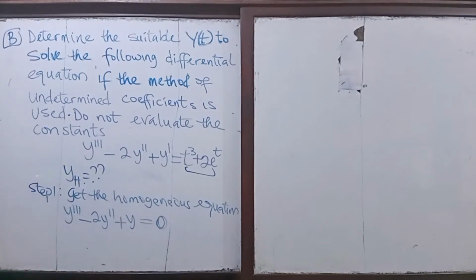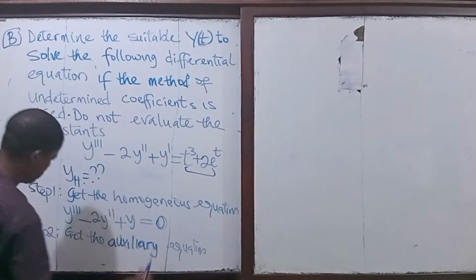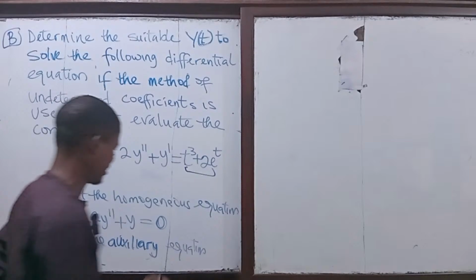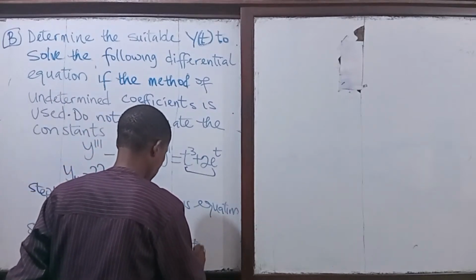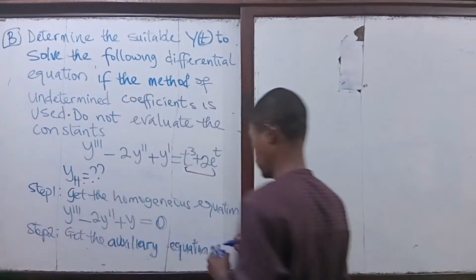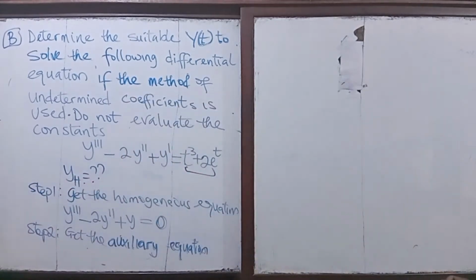That's the homogeneous equation. The left-hand side will be equal to 0. The differential equation aspect will be equal to 0. And then step two, get the auxiliary equation. By the time you finish that, it will be in the form of a quadratic equation. Okay, you have the third differential.